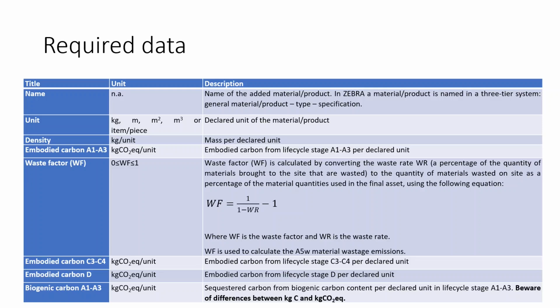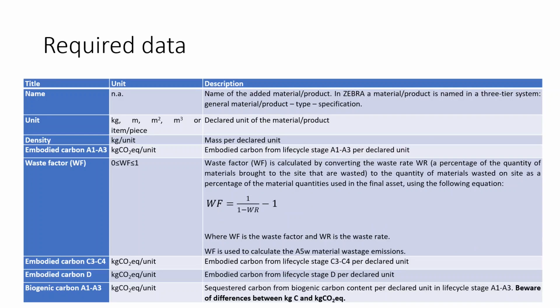This is for the calculation of embodied carbon stage A5W, essentially to represent the quantity of materials wasted in the construction activities. And then we further need embodied carbon C3 to C4, which is from demolition activities. And then also the embodied carbon D, which represents the embodied carbon from the reuse of disposed materials.